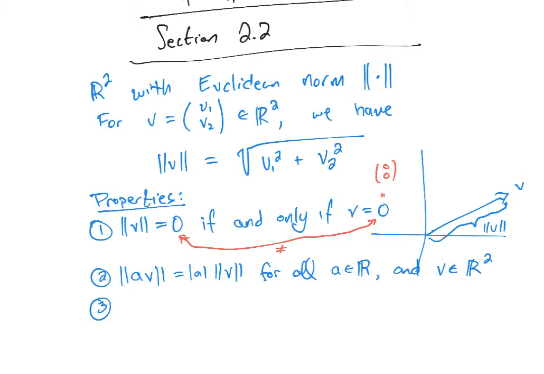And the third axiom, these are norm axioms, I guess that's the right word, does anyone remember the name of the third axiom we usually put here? The triangle inequality? Yes, the triangle inequality. So, the norm of u plus v is at most the norm of u plus the norm of v for every pair of vectors.